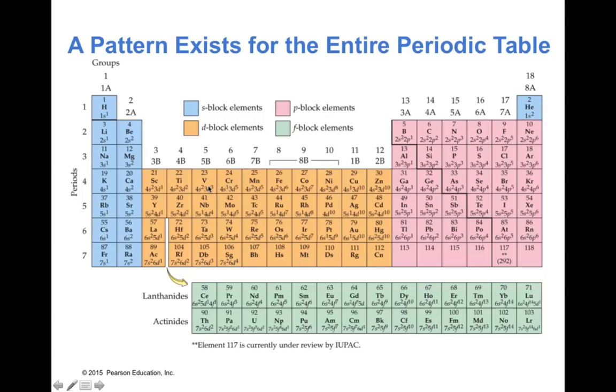But one of the electrons from the 4s2 will move to the 3d4, so you have 3d5 and 4s1. This gives high stability to that configuration.